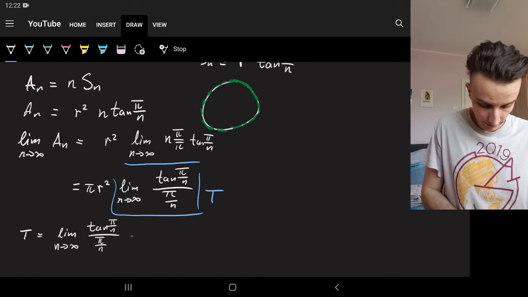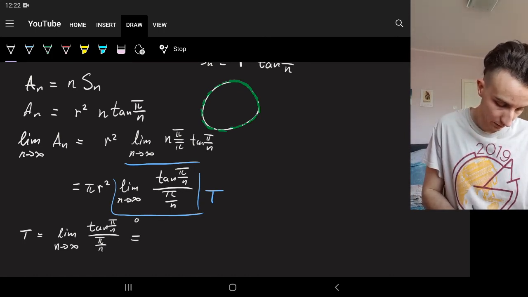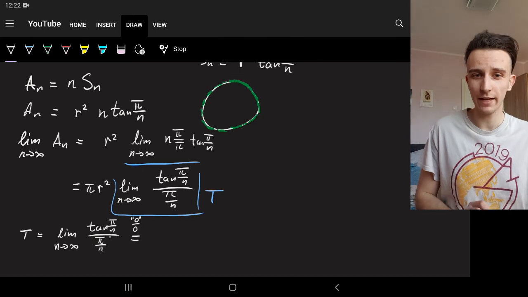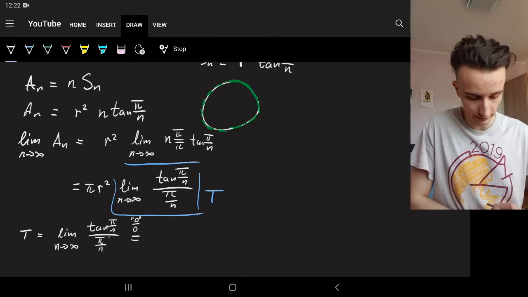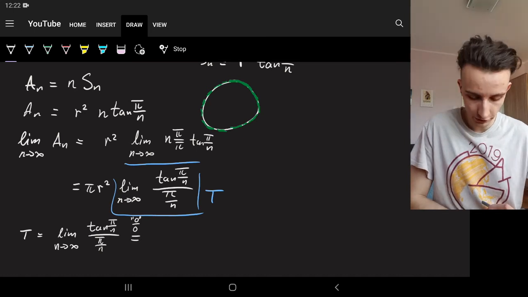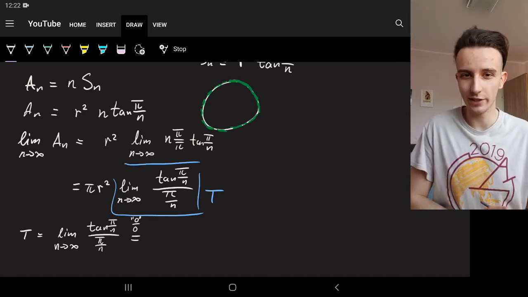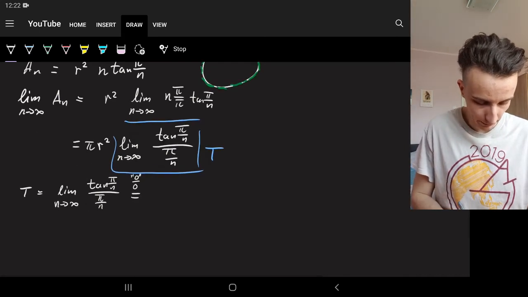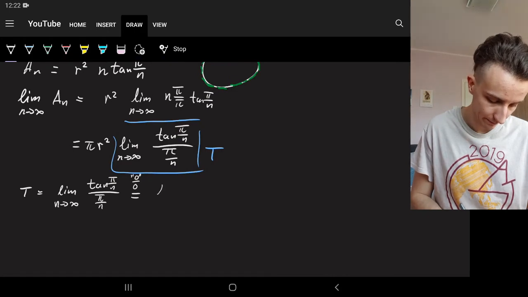Well, this is a case of 0 over 0, right? As n goes to infinity, tangent pi over n goes to 0, and so does pi over n. Now, this might be a familiar expression for those of you who know sine x over x goes to 1 as x goes to 0. But even if we don't know that, we can just express tangent as sine over cosine first.